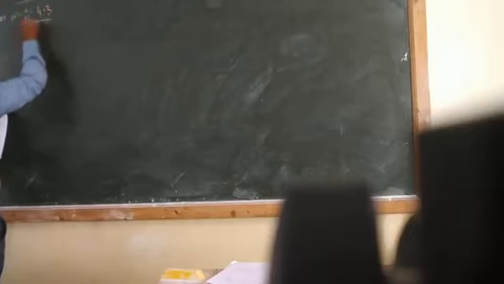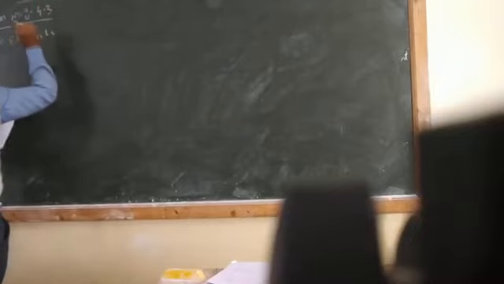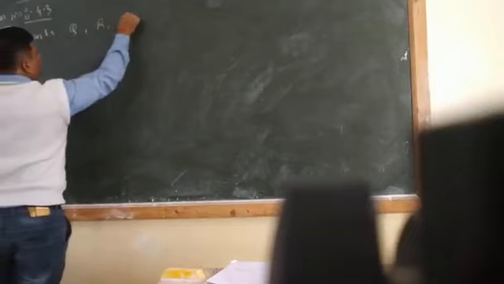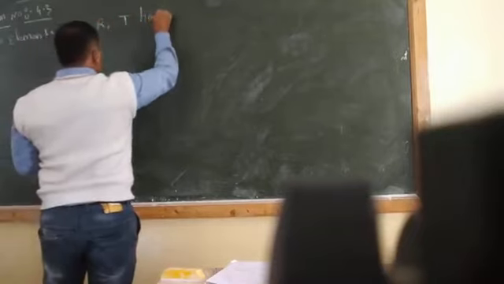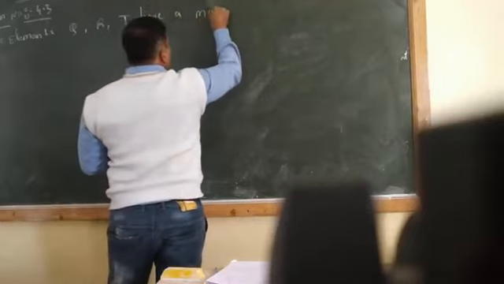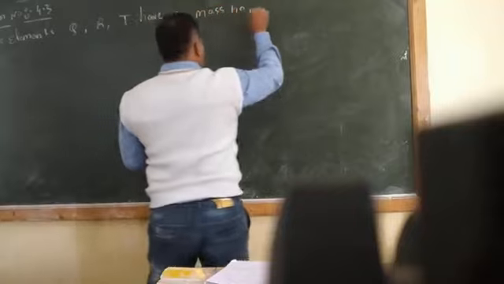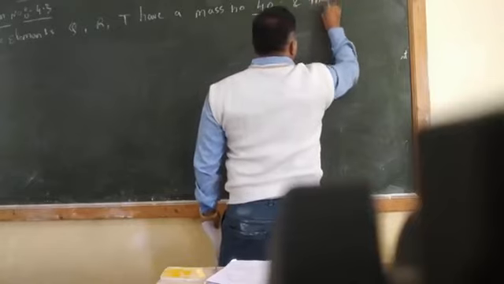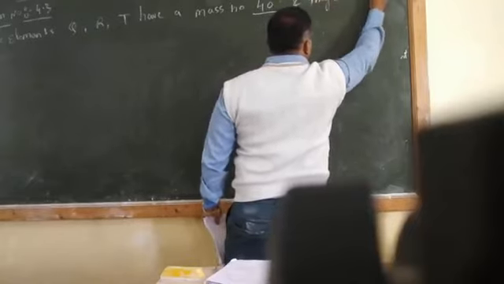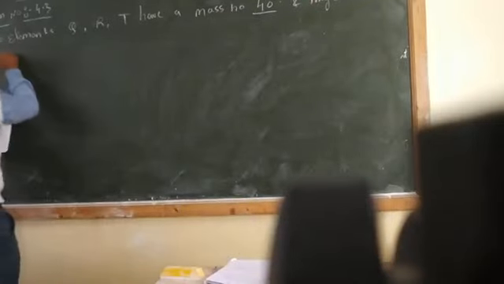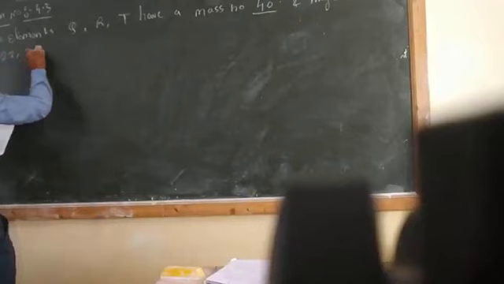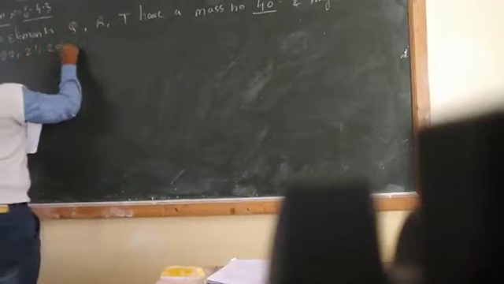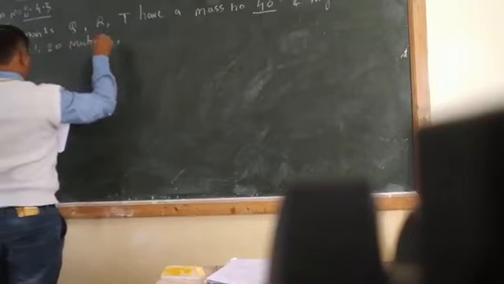3 elements Q, R and T have a mass number 40 and they contain 22, 21 and 20 neutrons respectively.